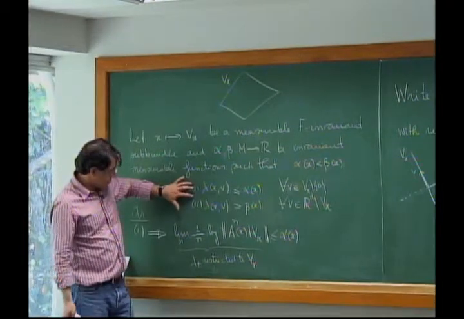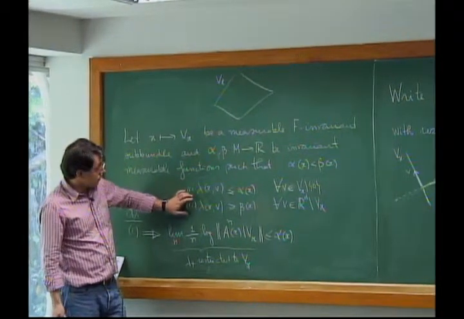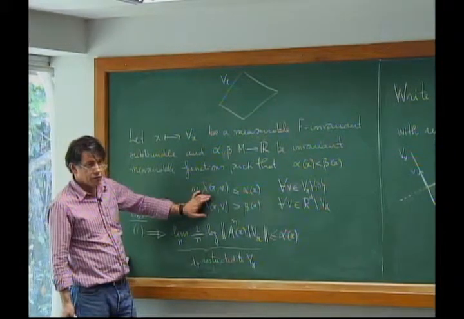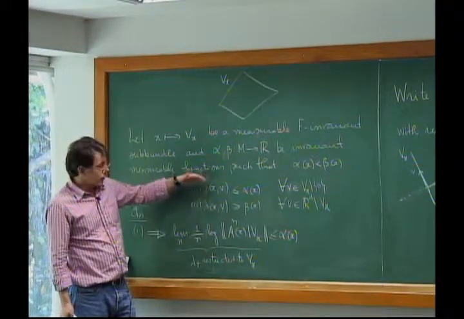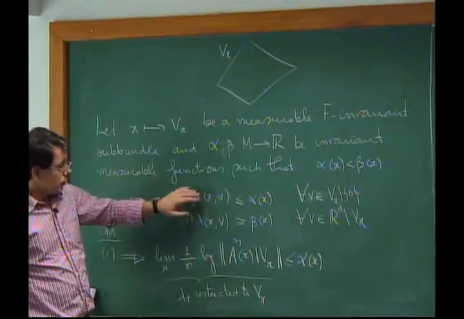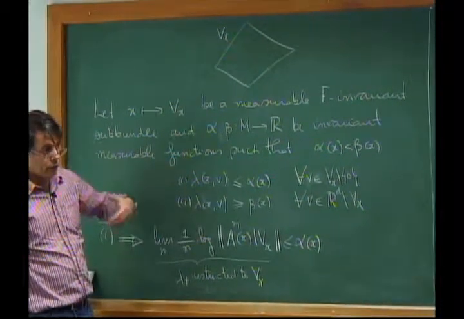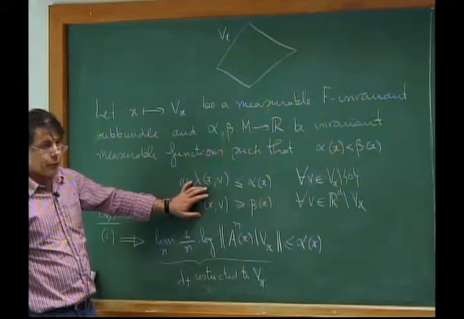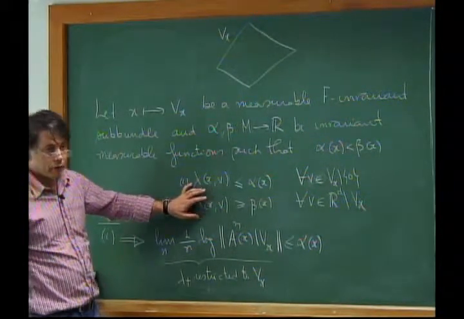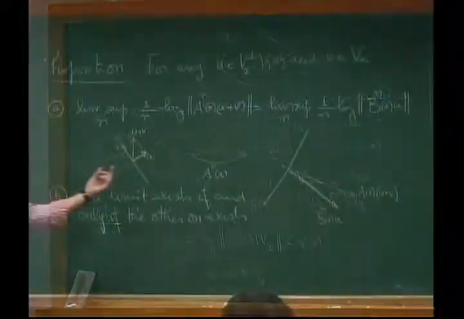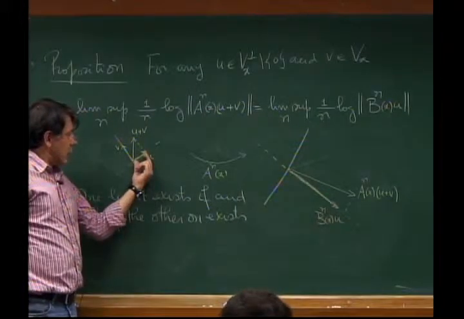What these two assumptions say is that vectors in V grow slowly, vectors outside V grow fast. So if you take a sum of the two, you will have a small term and a big term. And in terms of the exponential rate of growth, the big term determines the exponential rate of growth. So I'm saying here U is the main guy.